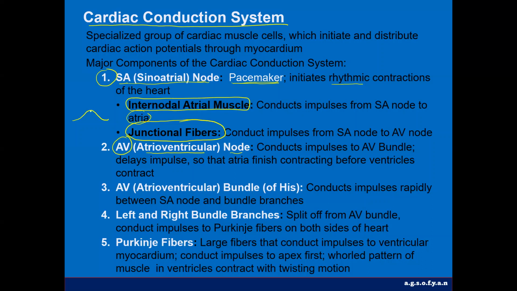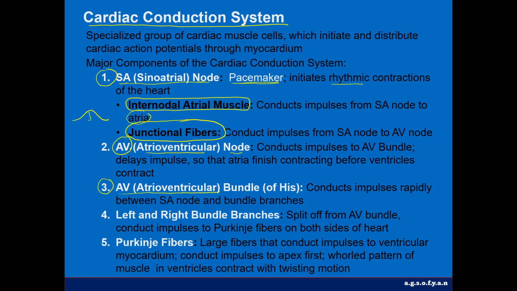So the atrium contracted when the SA node performed the contraction. Then when it sends the impulses to the AV node, the atrium will relax. Therefore there is a delay between the atrial contraction and the ventricular contraction.